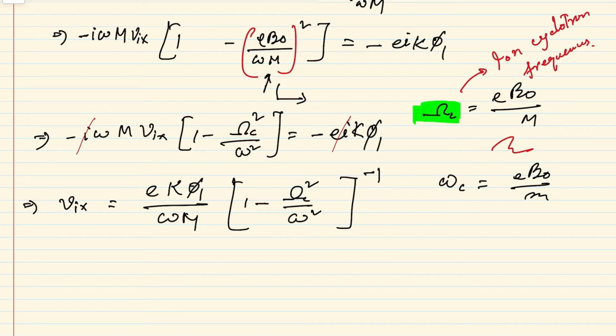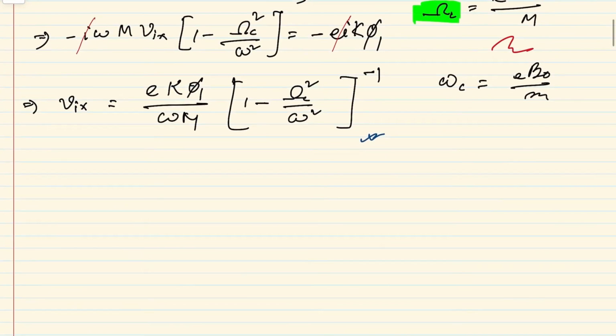Similarly, this is the case of ions. We have got this expression for ions. If you consider the case of electrons, then instead of Vix we write Vex. Instead of e there will be minus e because the charge is negative in the case of electrons.